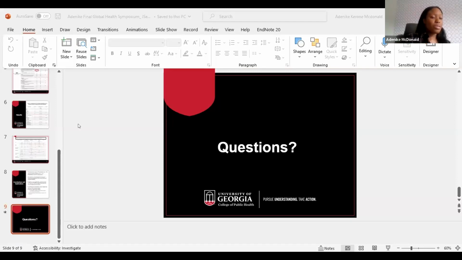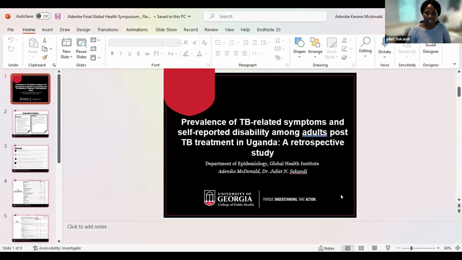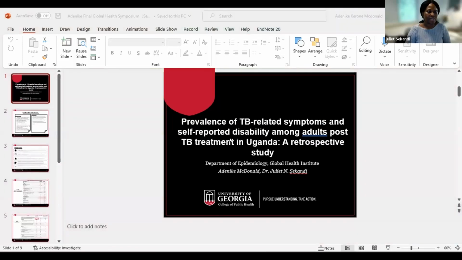Let me know when you guys can see my screen. I don't know if what we're seeing is the questions-at-the-end slide, so you probably have the last slide showing. Okay, now you need to put it in slide mode or presentation mode. Can you guys see the slide? You need to move it to presentation.